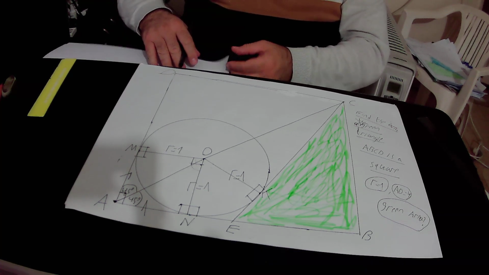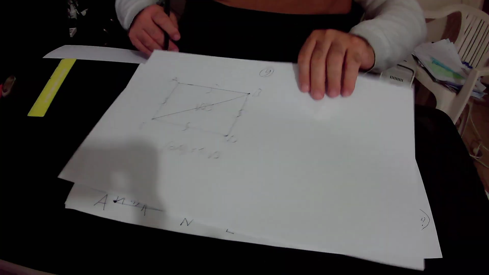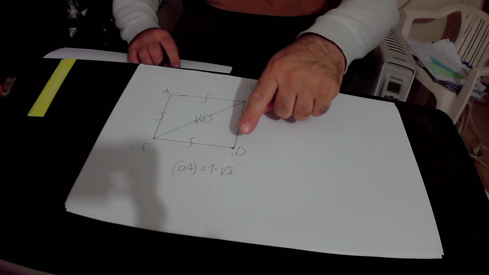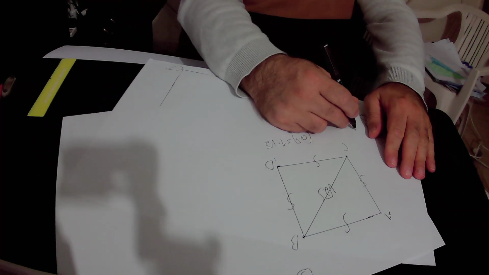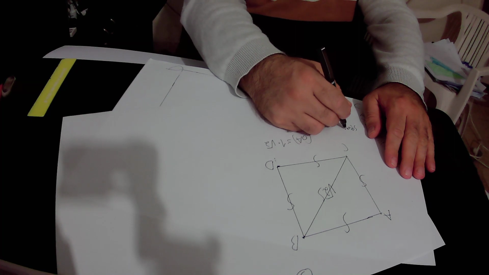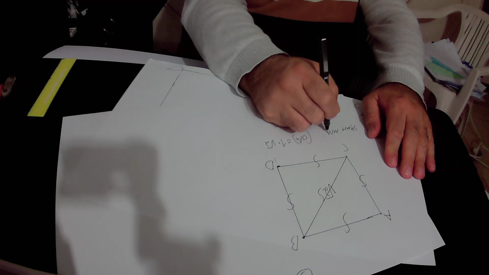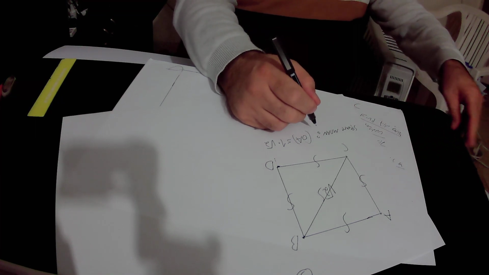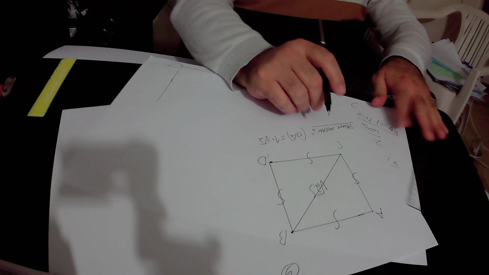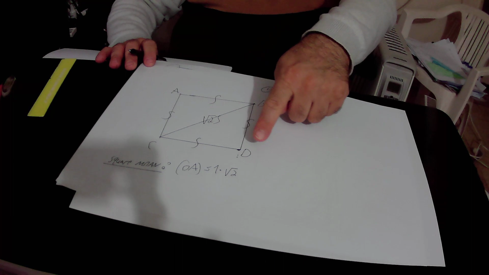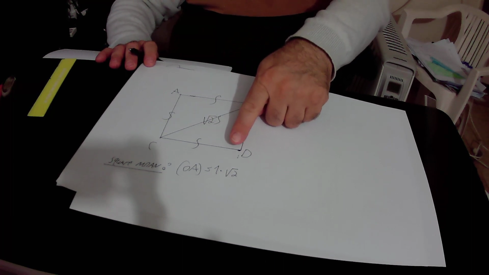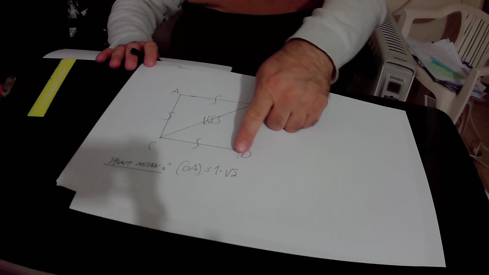According to rule number 7, the length of diagonal OA in square MOAN equals the length of its side, that is 1 unit, times square root of 2. 1 times square root of 2 equals square root of 2 units.